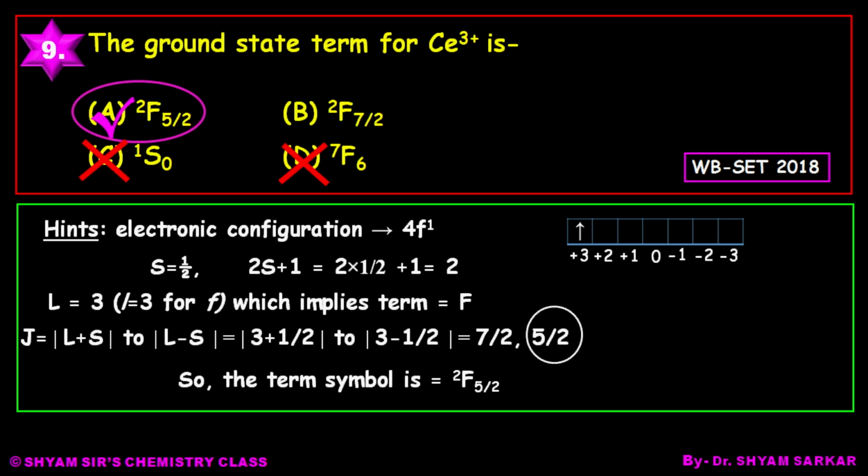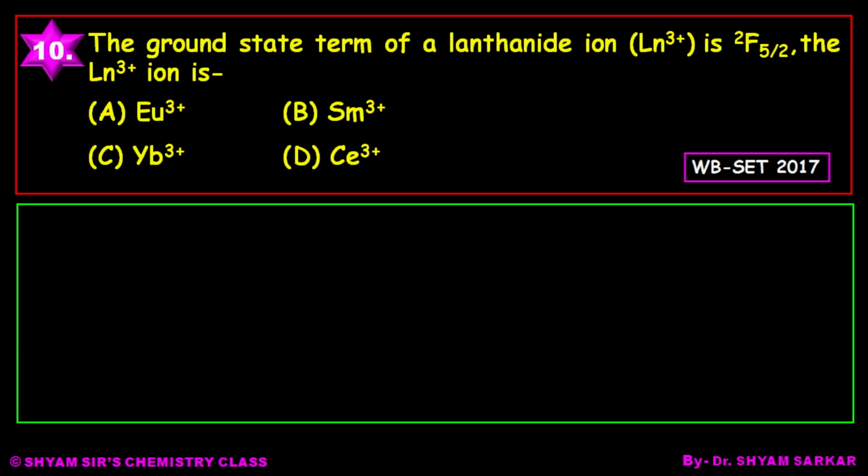See the next question. The ground state term of a lanthanide ion is 2F5/2 and the lanthanide ion is... Here, they have given the term symbol. They asked which lanthanide ion has the 2F5/2 term symbol in the ground state. So we have to do a reverse calculation. For this we will see the 2S plus 1, that is the total spin multiplicity, which is given as 2.